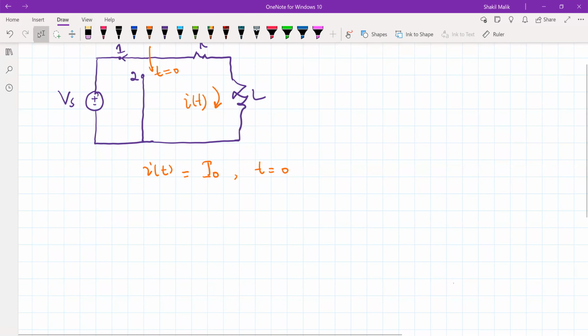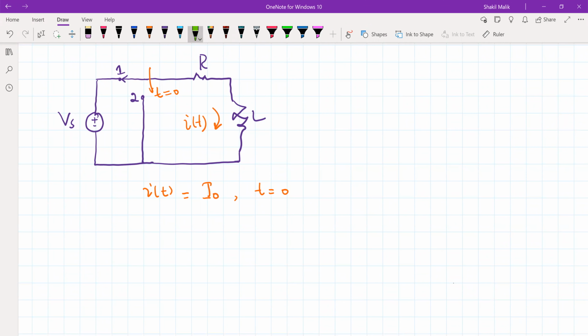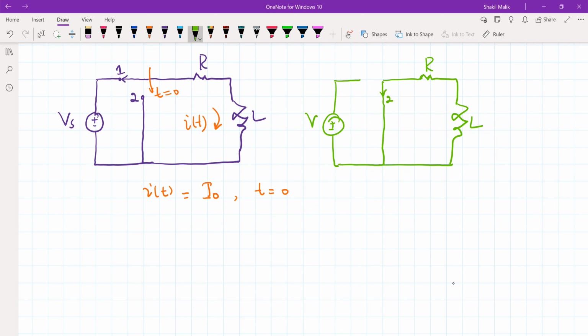So how will the circuit look when we disconnect it? The equivalent circuit can be drawn like this. This is R, this is L, and when we connect it to position 2, then this is the source V_S, and this is the inductor current.